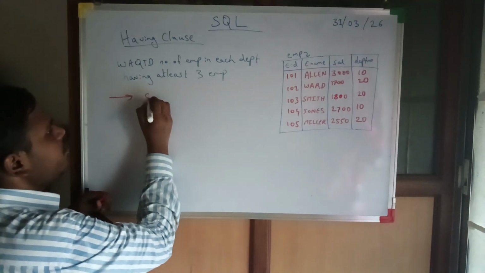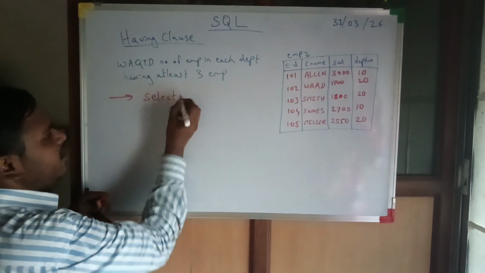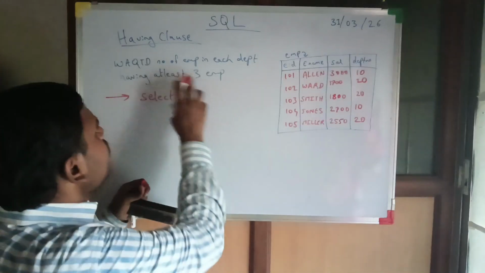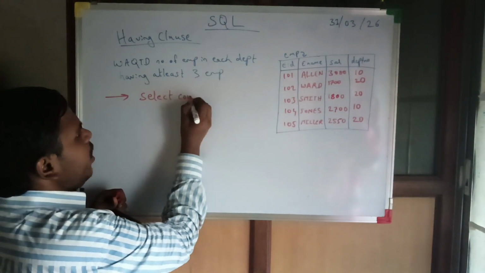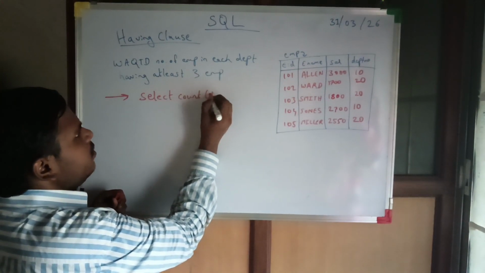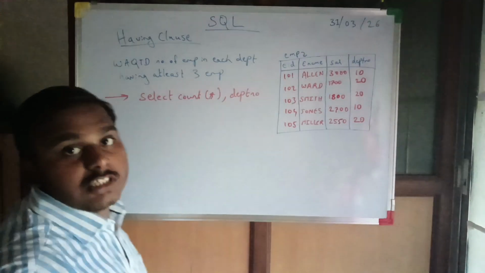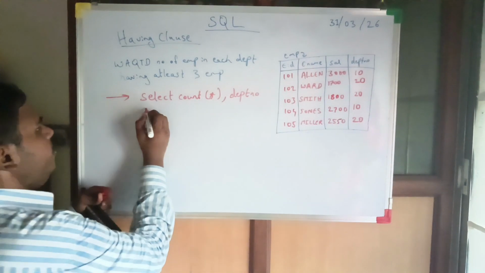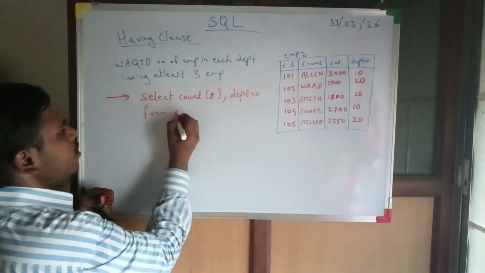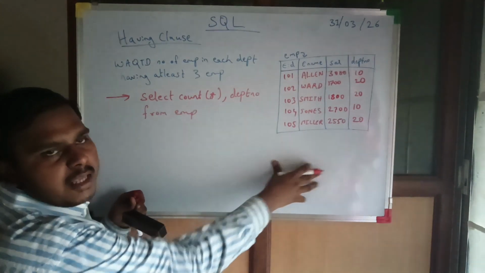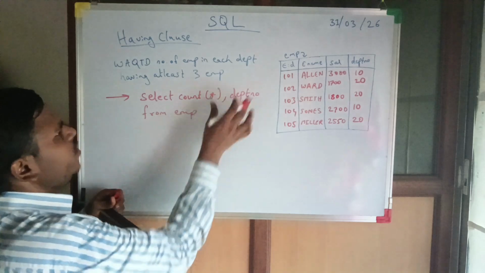Now what we will write in the syntax? Select, what I want to display. Number of employees. So I will write count of star, comma department number, to know the counting is of which department. From EMP. From which table I am taking? EMP table. We need to use where clause?